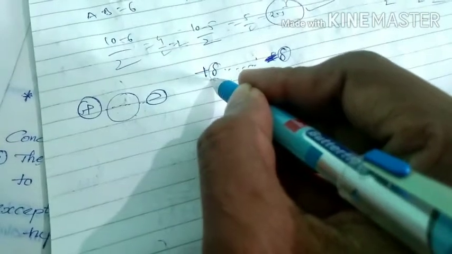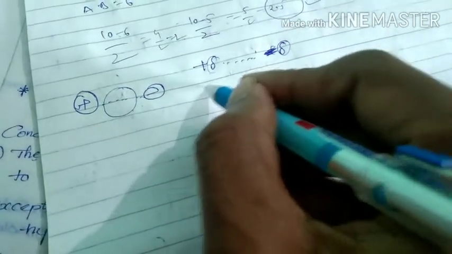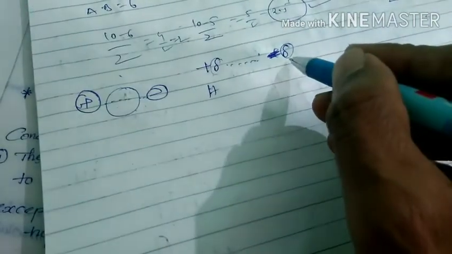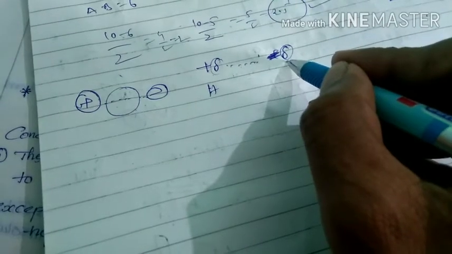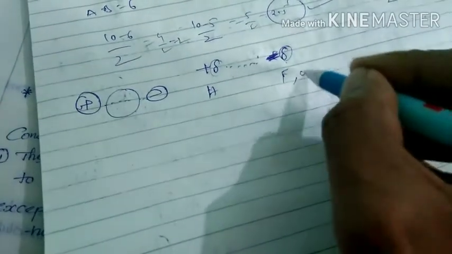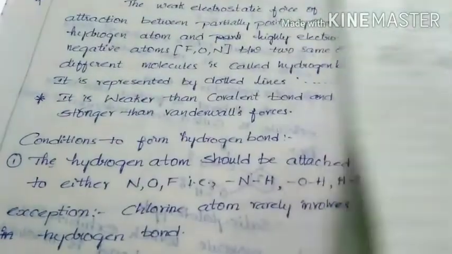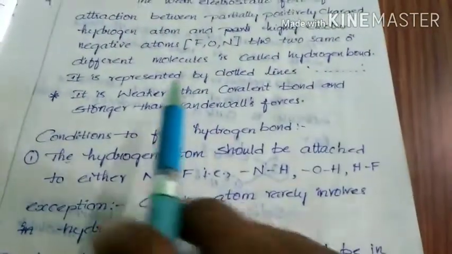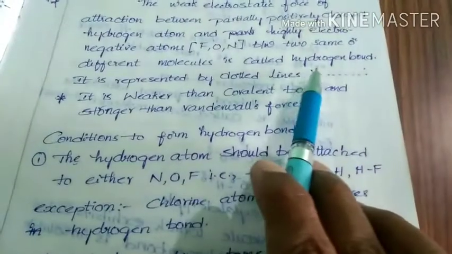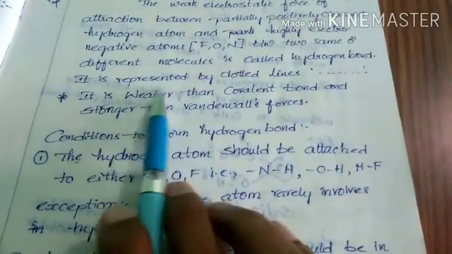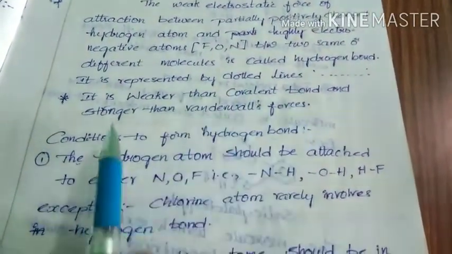This partial positive charge should be exhibited by which one? Hydrogen only, and this partial negative charge should be exhibited by either fluorine or oxygen or nitrogen, because these are highly electronegative atoms. Then that bond is called what? Hydrogen bond. It is represented by dotted lines.